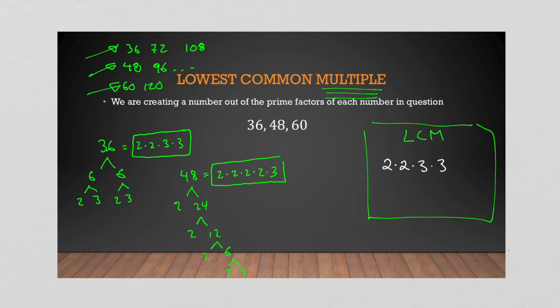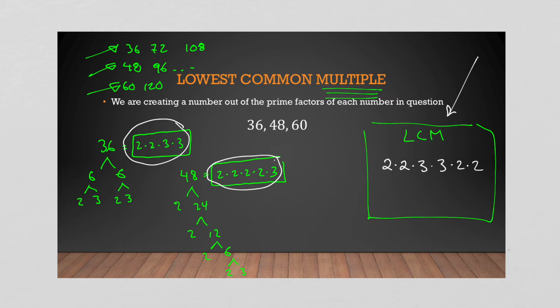And if you look at the number we've already created over here on the right, I already have 2 2's and I need 4 of them. So I'm just going to need 2 more. And I need a 3, but I already have 2 3's in there, so I don't need to bring anything more. So far, my new lowest common multiple covers that. I have 2 2's and 2 3's for this one, and I have 4 2's and a 3 already at least for that one, so I'm good.